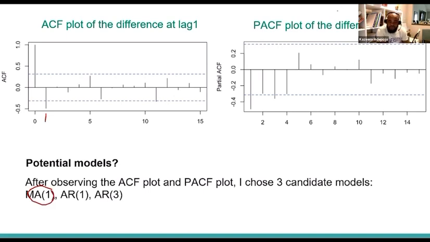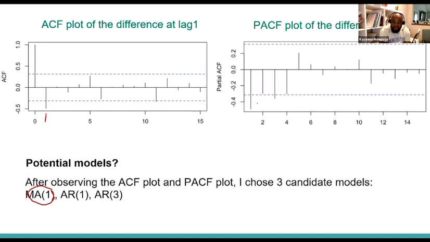And if you come to the PACF, don't forget when the PACF cuts off, it is going to support the autoregressive model. Now you're going to see that after lag one here, it's cut off.